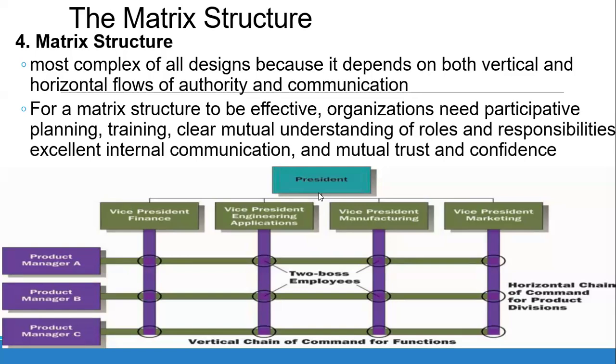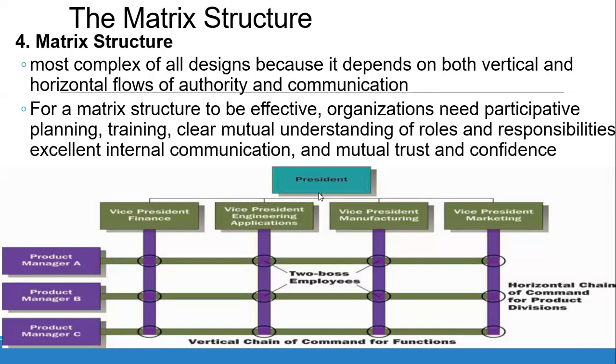At any given point in time, an individual is reporting to two superiors or two leaders at a go. At the vertical level, they report to one person. At the horizontal level, they report to another superior, making them have two supervisors at the same time to maintain coordination and control.